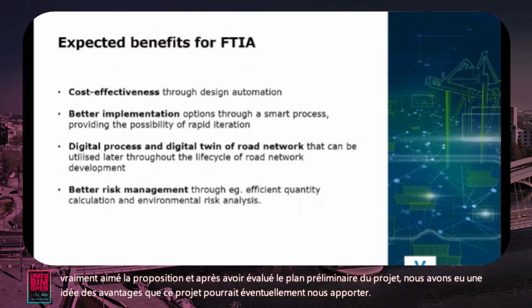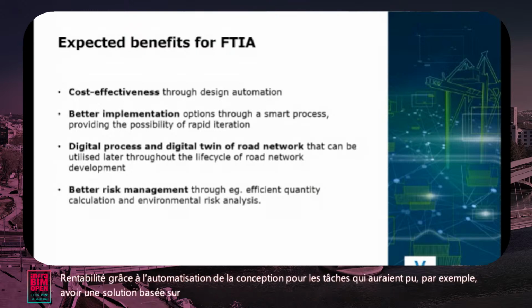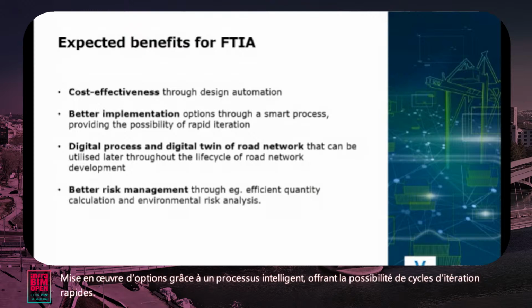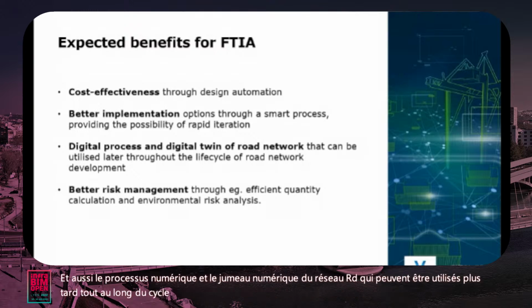Cost effectiveness through design automation for tasks that could, for example, have a rule-based solution proposal algorithm, and better implementation options through a smart process, providing the possibility of rapid iteration rounds, and also a digital process and digital twin of a road network that can be utilized later throughout the life cycle of road network development.